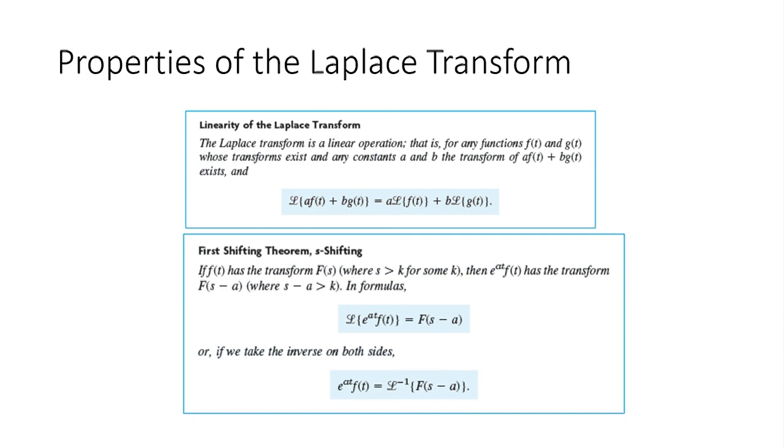The first thing I want to mention is the linearity of the Laplace transform. The Laplace transform is a linear operation. This is really useful because it allows us to break some sort of function into its respective parts. Let's say we have some signal that we receive from our system, and it's going to sum linearly with another signal.